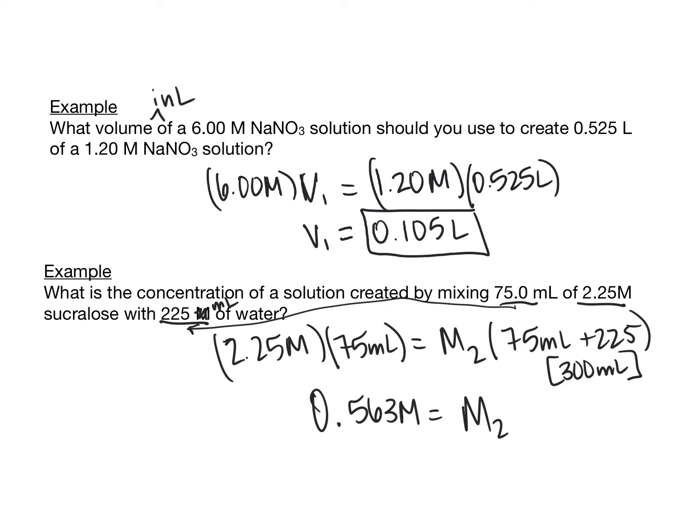Now the reason that we used 300 as our final volume is because the statement says, what is the concentration of solution created by mixing 75 milliliters with 225 milliliters of water? In the previous one, it said to create 0.525 liters. So that's a final volume.